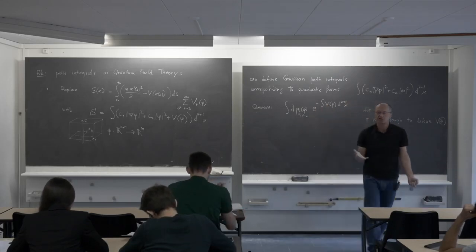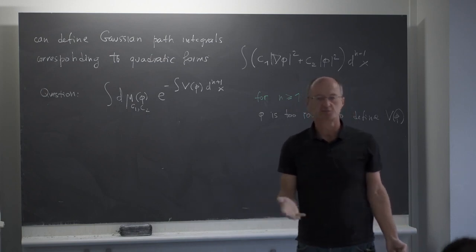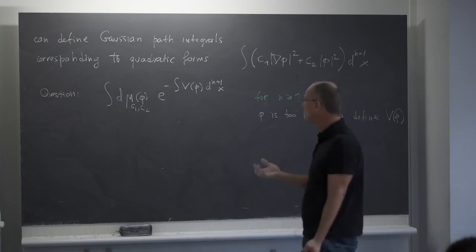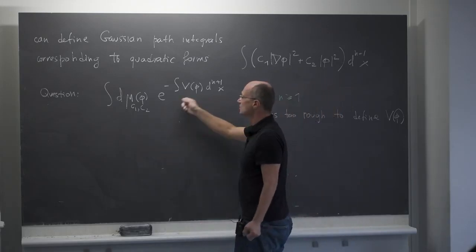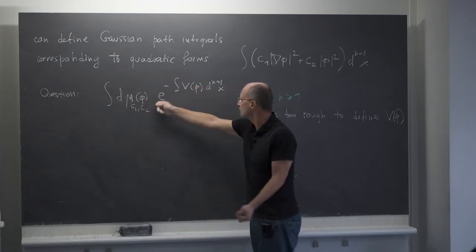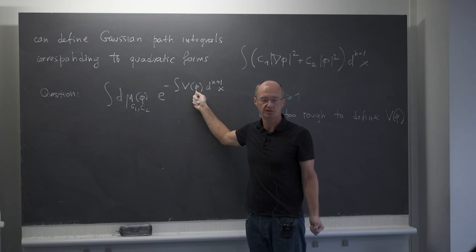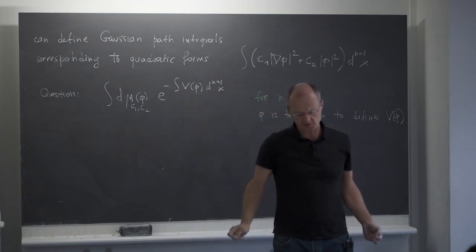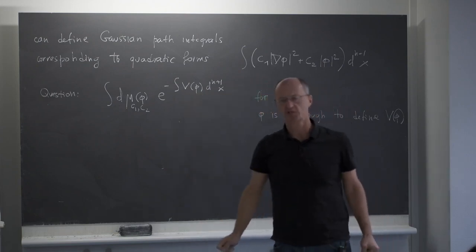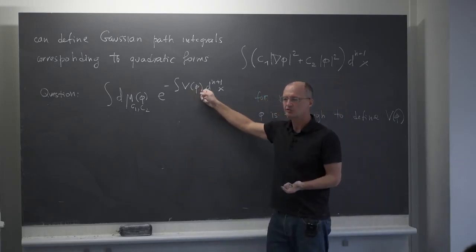Before, we encountered a little bit of that problem because x prime or x prime squared were not defined. Our functions in the support of the measure were too rough. Now they will be too rough even to define V of phi. That's actually the reason sometimes one says that in quantum field theory you have infinities. That's one way to see it.